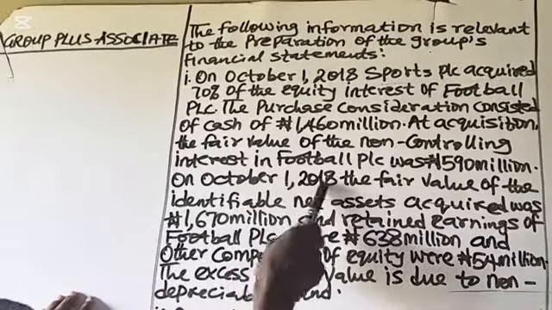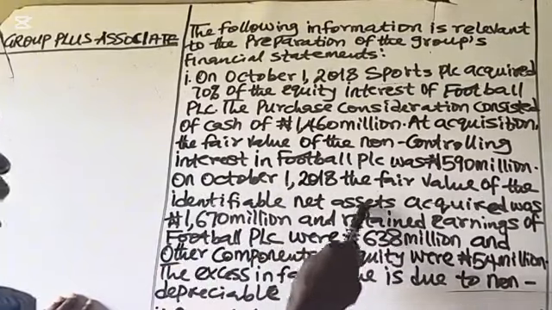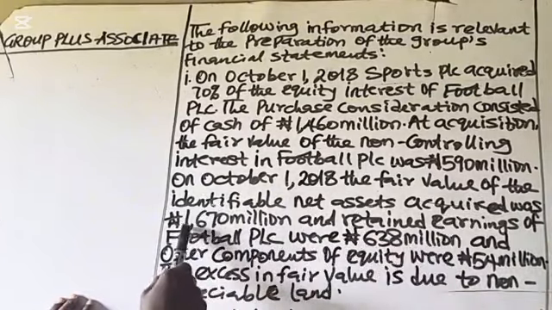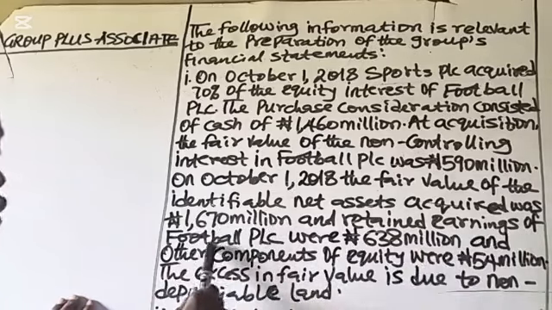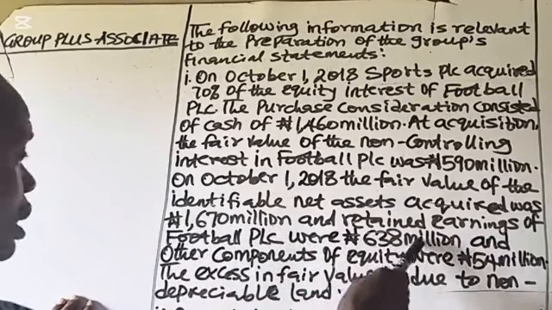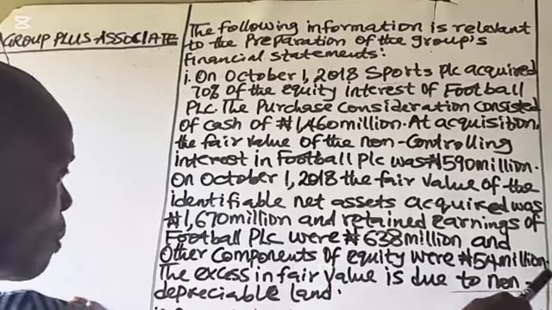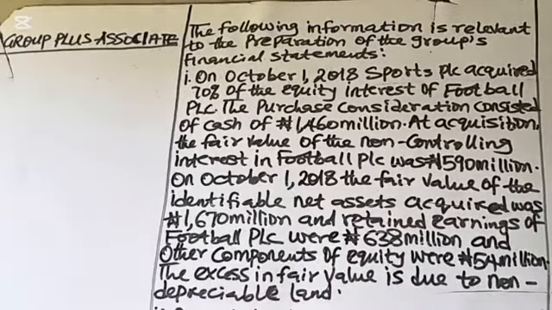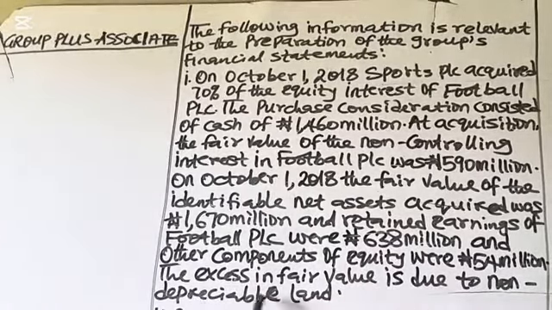On October 1st, 2018, the fair value of the identifiable net assets acquired was 1,670 million naira, and retained earnings of Football PLC were 638 million naira, and other components of equity were 54 million naira. The excess in fair value is due to non-depreciable land.